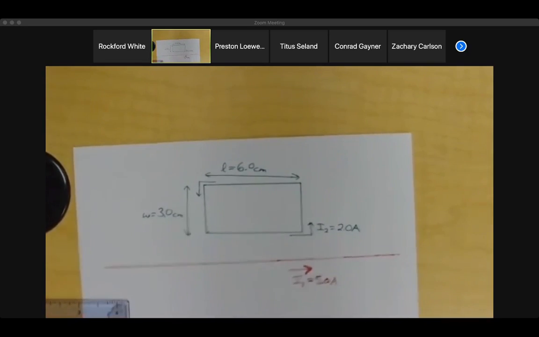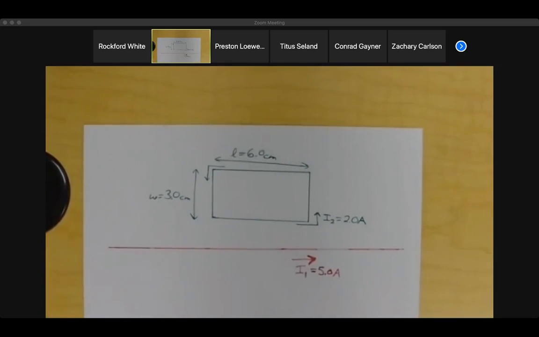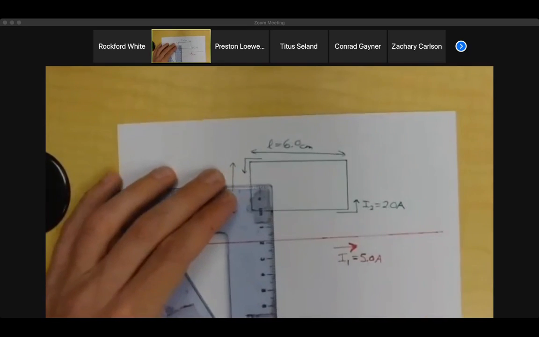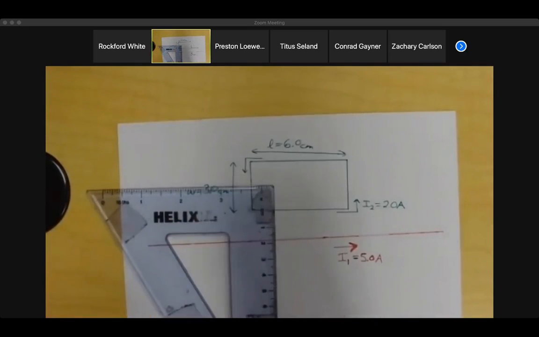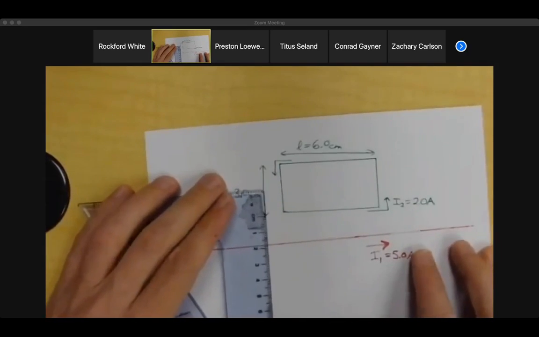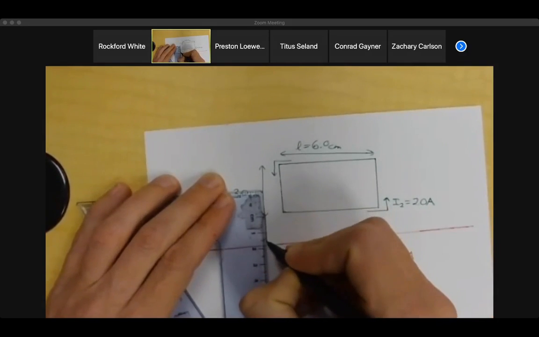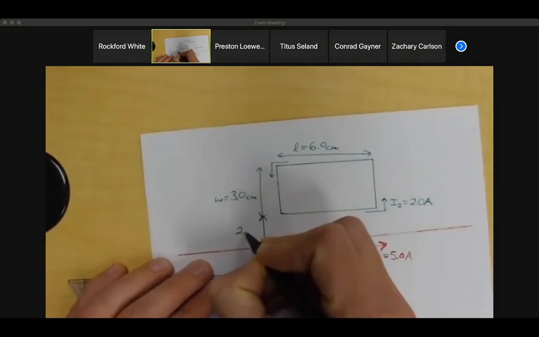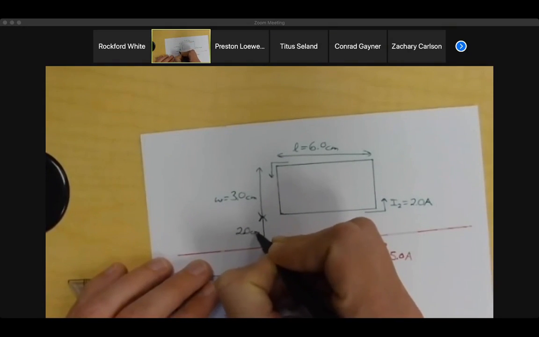What's one more piece of information you might want to know about this setup? How far away is the rectangle from the near wire? So that'll be the other thing to label here. This distance will be 2 centimeters, and that I think is actually drawn to scale on the sketch here. I don't really know what I want to call that one.